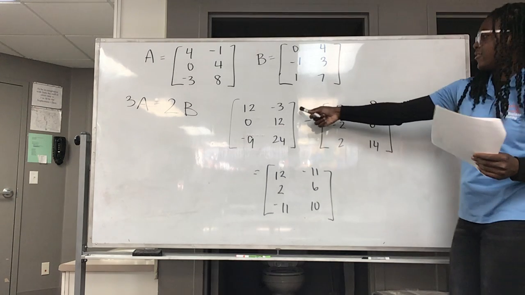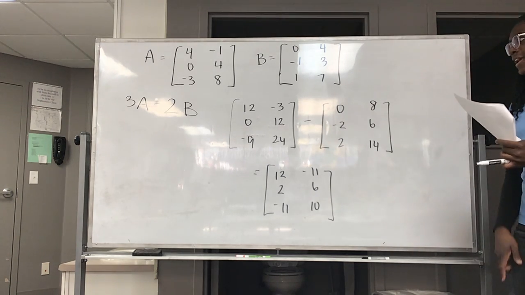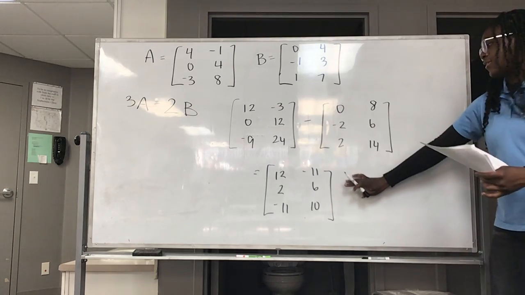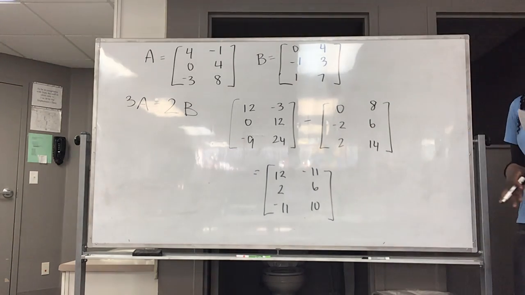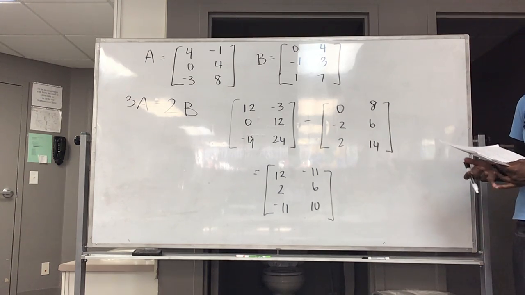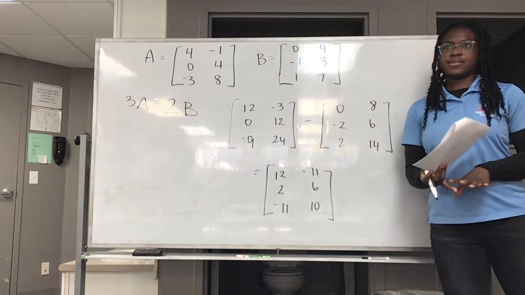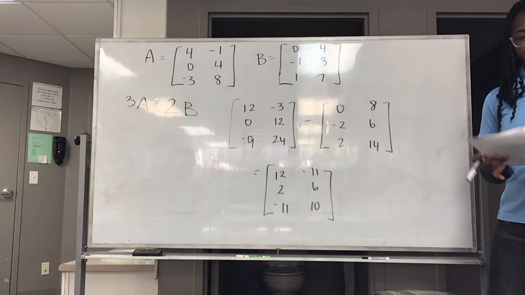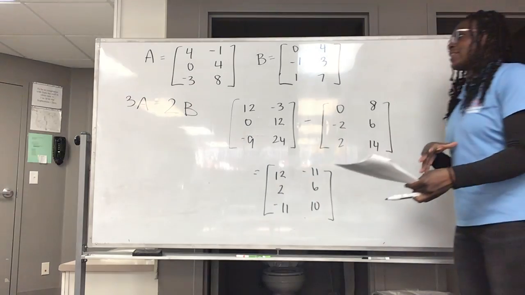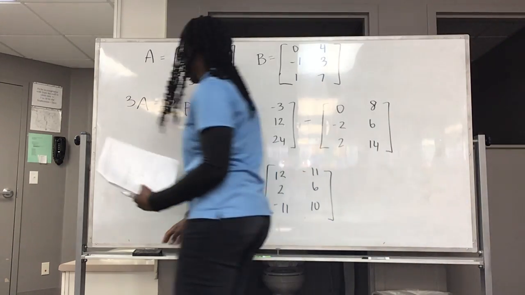So here's 3A, 3 times everything in A, and then 2B. Then I subtracted those two, and I got my answer. So does anyone have any questions about how we got there? Does anyone have any questions so far? No? Okay, so that was the scalar multiplication, and then next we're going to multiply them together.